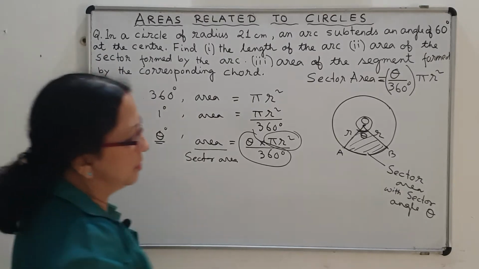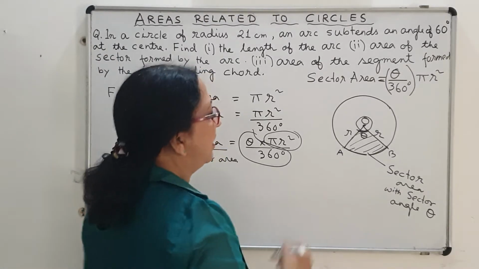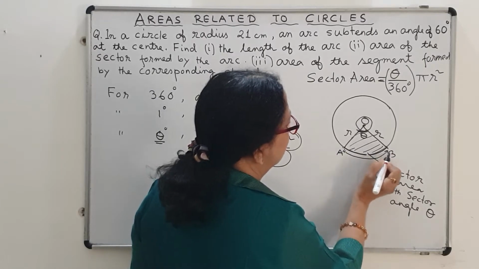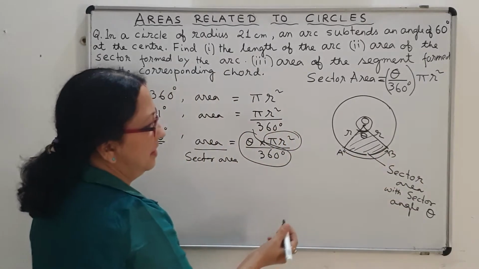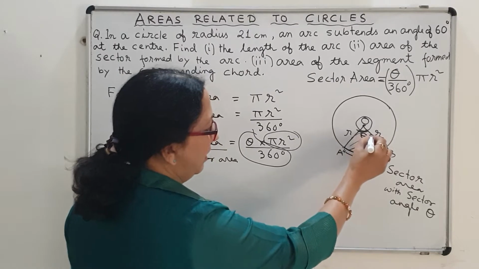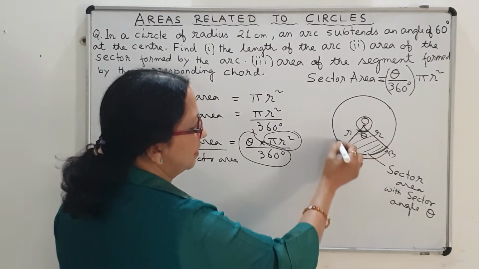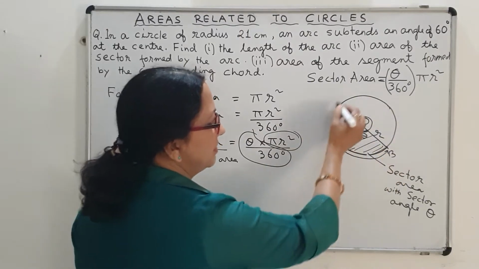Now there should also be a formula for finding the arc length AB. So how can we find this? Similarly, when the angle at the center is 360 degree, the arc length is the total perimeter or circumference.